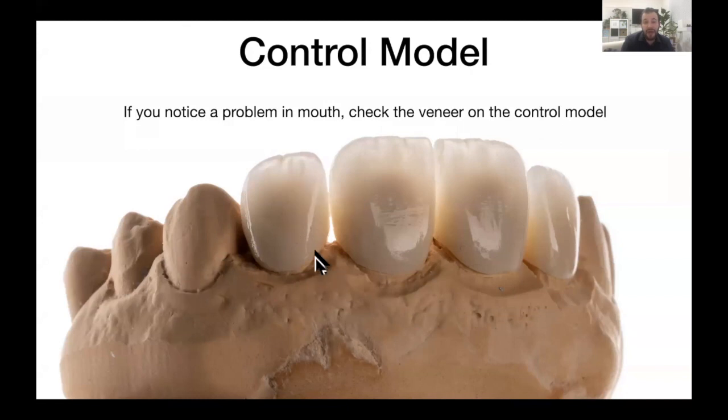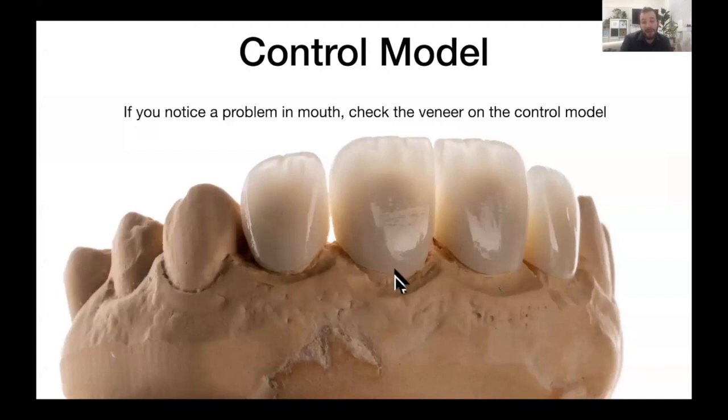If you do that, you will have a better idea of identifying the cause of the problem. If you can find the problem on the cast, that means the problem is caused by the lab technician, and he didn't follow good procedures in the previous steps.